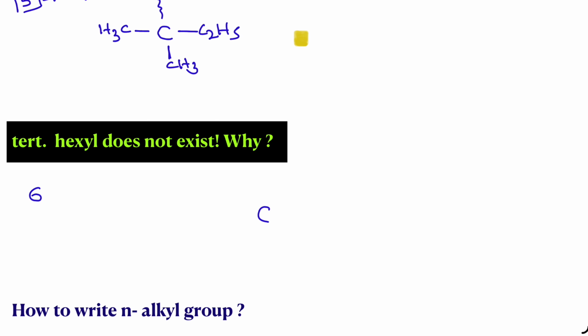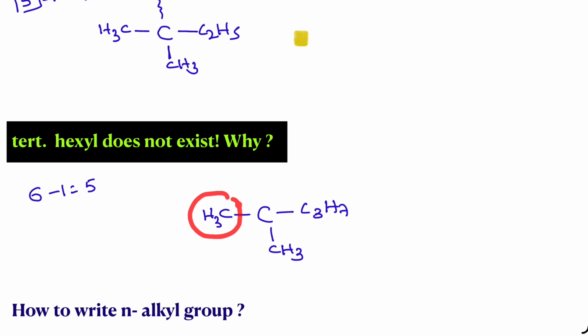So this is one carbon atom, and that is 6 minus 1, so that is 5. What are the combinations you can take of 5? CH3, CH3, and here C3H7. So 5 carbons: 1 plus 1 plus 3.